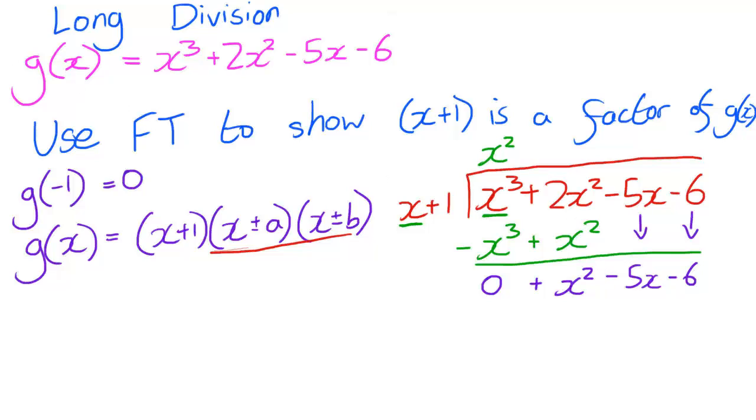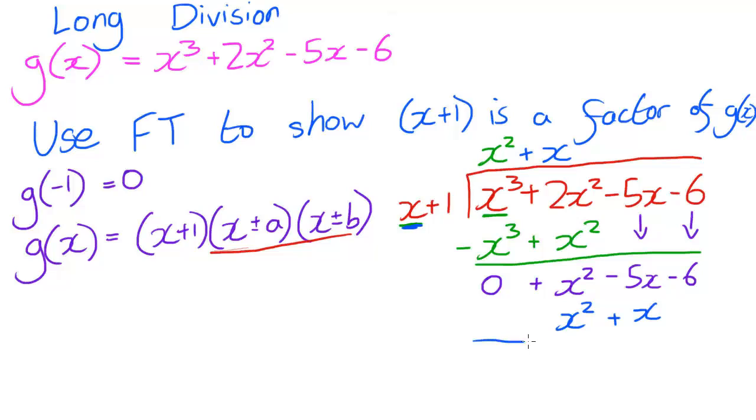So let's have a different colour. What do we need to times x by, the leftmost term, to get to x squared? That's going to be plus x, because x times x is x squared. So again, times x by this x plus 1. I think you get better at this the more of them you see, but we're going to have an x squared here, and then x times plus 1, so a plus 1x in there.